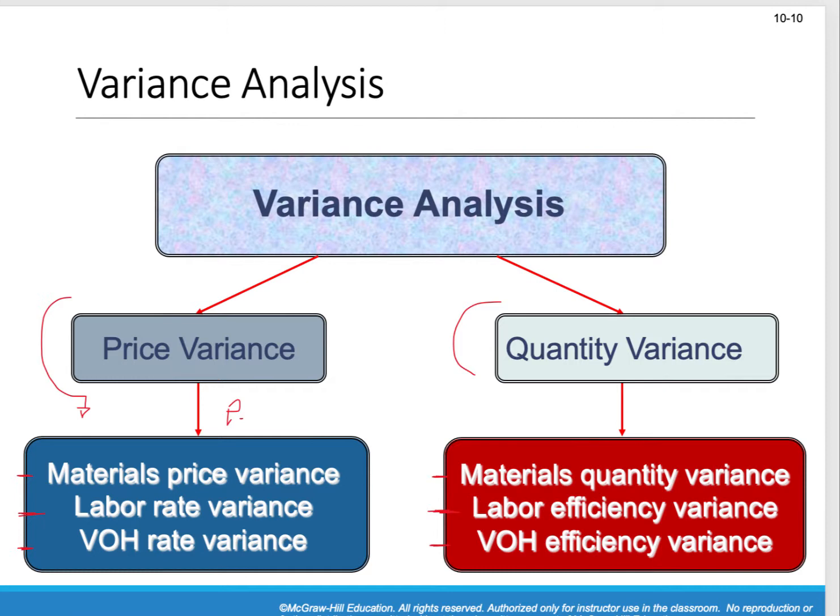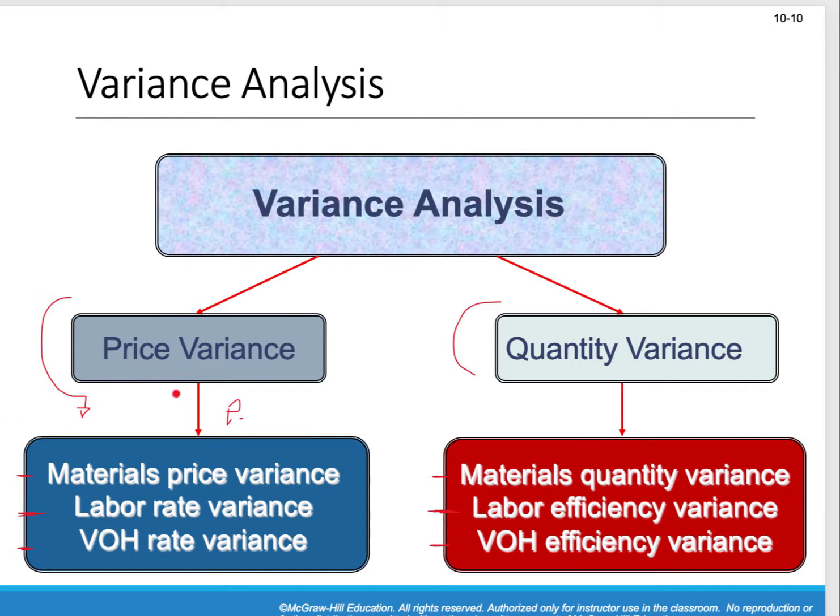Now I want to pause here, and we're going to come back and look at exactly how we calculate price variance and quantity variance, through the lens of materials, direct labor, and variable overhead. But the real takeaways you should have a decent understanding of: first of all, the names.